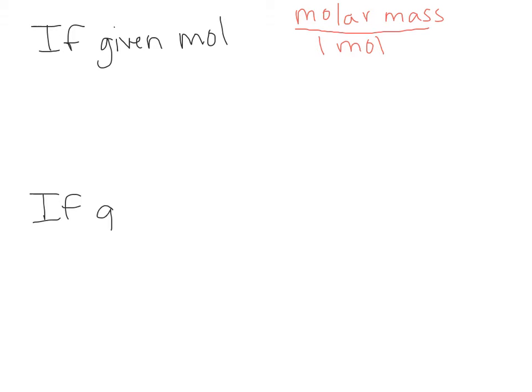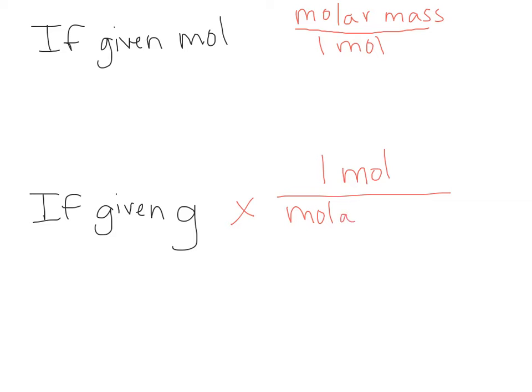If you're given grams, so if you're given the mass of a substance, you're going to multiply by the conversion factor 1 mole over the molar mass.